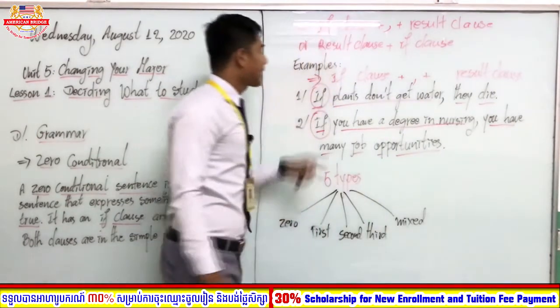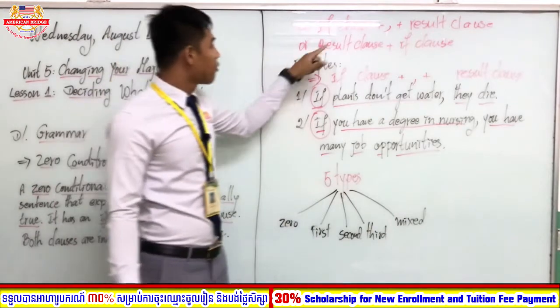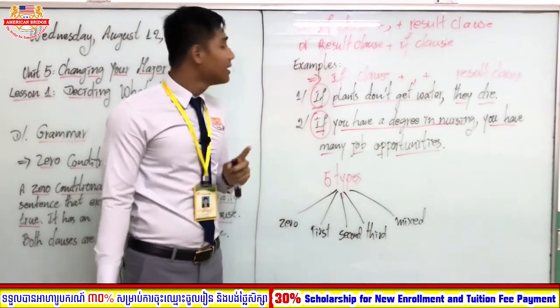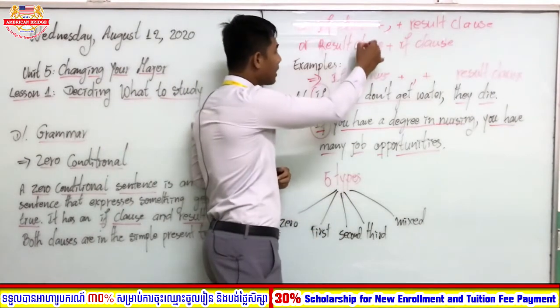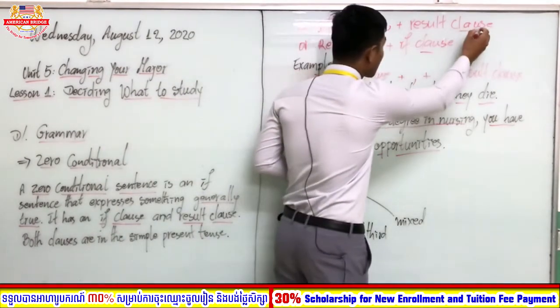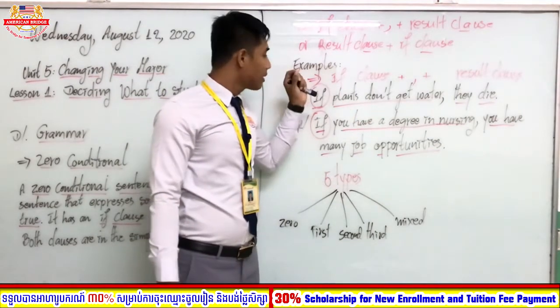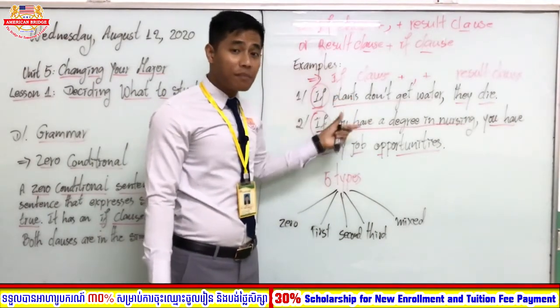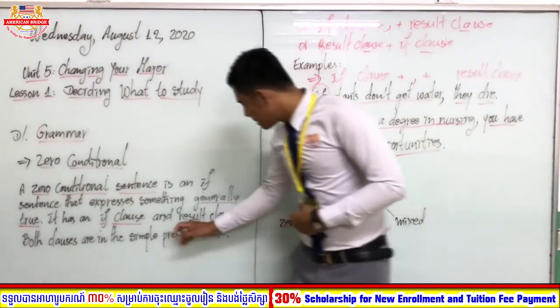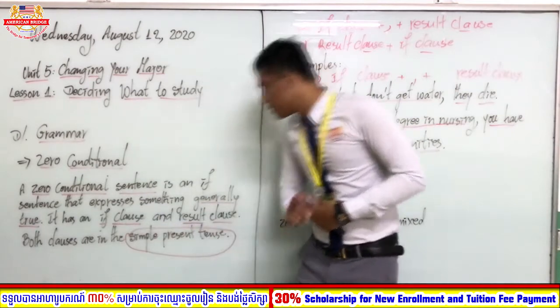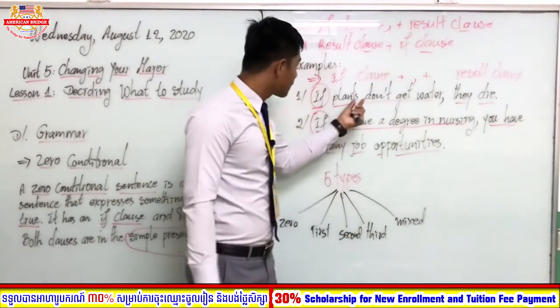You can write like this as well, the form of zero conditional. But you have to remember that these clauses are in the present simple tense. Present simple tense, okay.